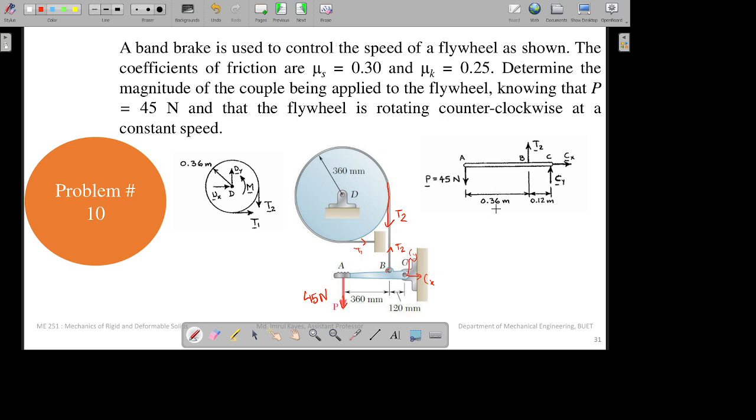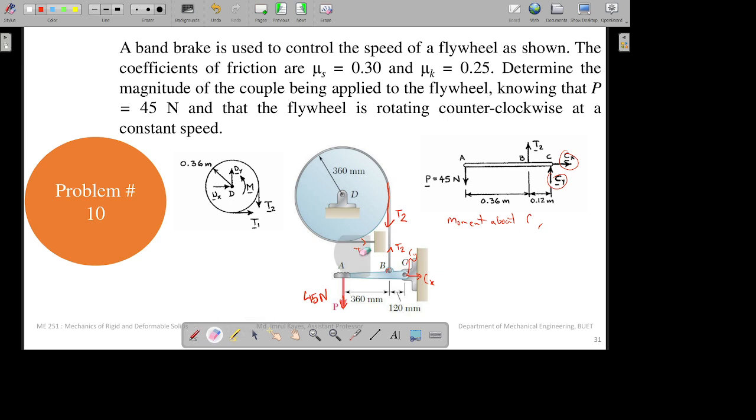All the distances I have marked here. So the equation you can write is for moment about point C. Why am I taking moment about C? Because if you take moment about C, these two forces will cancel out.